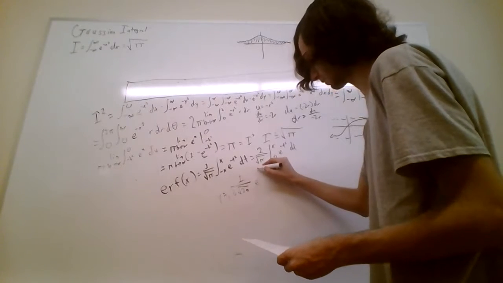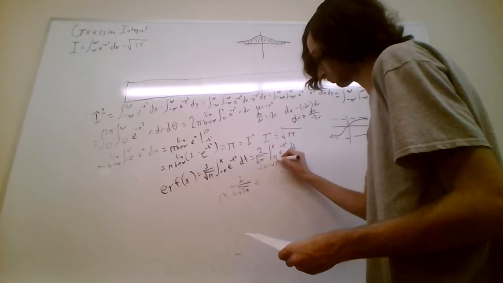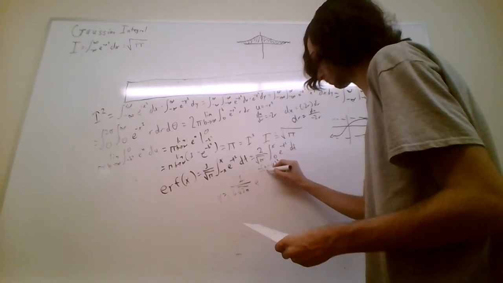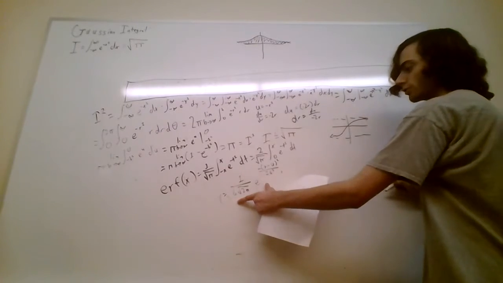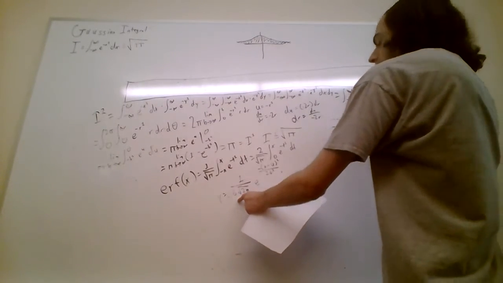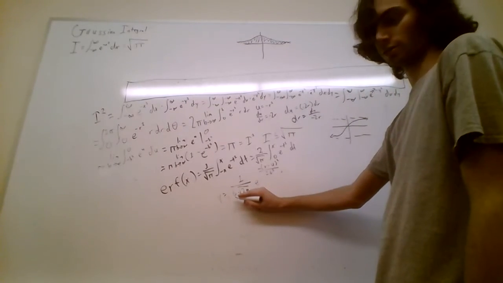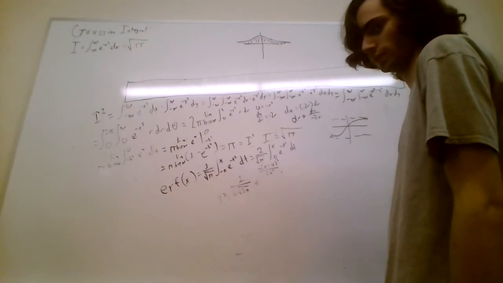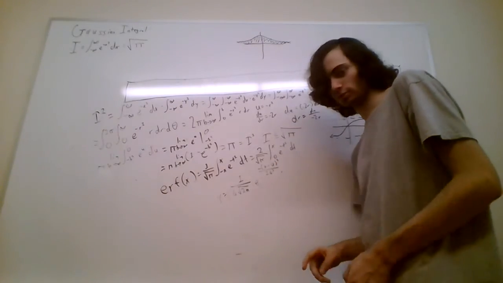Times e to the negative x minus mu squared over 2 sigma squared. And this is the normal curve where sigma is the standard deviation and mu is the mean. And that's it. I think that's a pretty cool integral. It has a lot of uses.